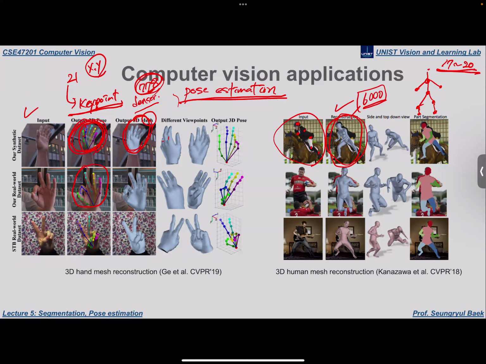But this is very complicated, so in this lecture we will learn about the coarser representation. Anyways, for pose estimation, what we normally do is predefine some key points and then estimate their XY locations from the images. That's the pose estimation problem.